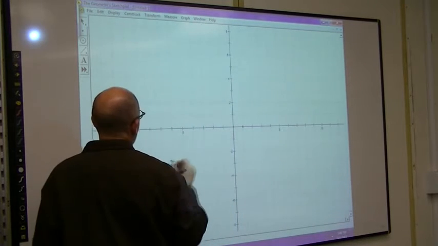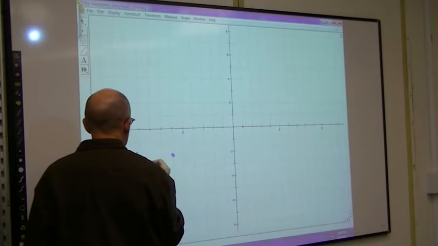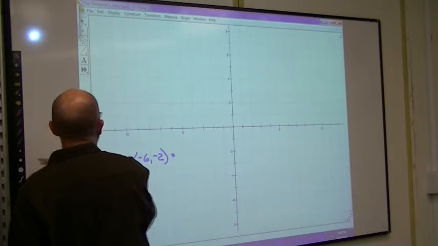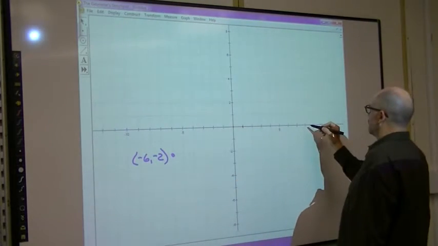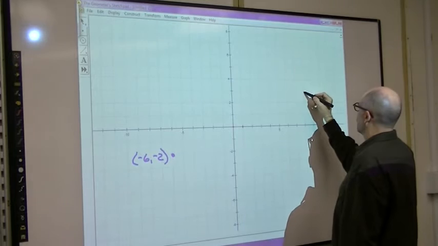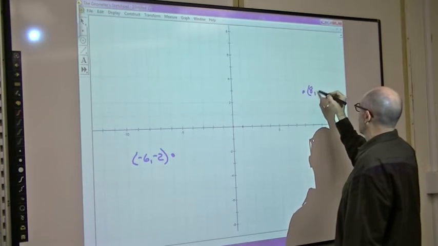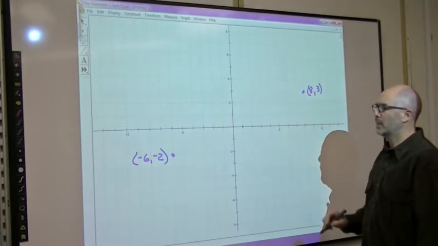We've got (-6, -2) and we've got, let's go with (8, 3). Find the distance between those 2 points.